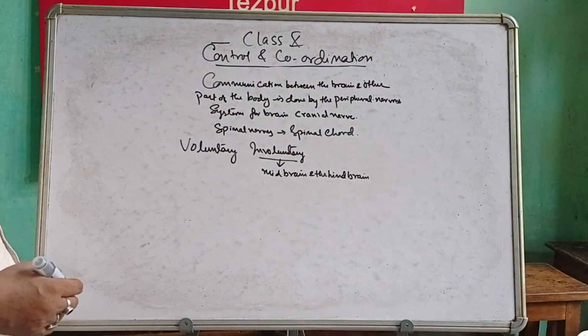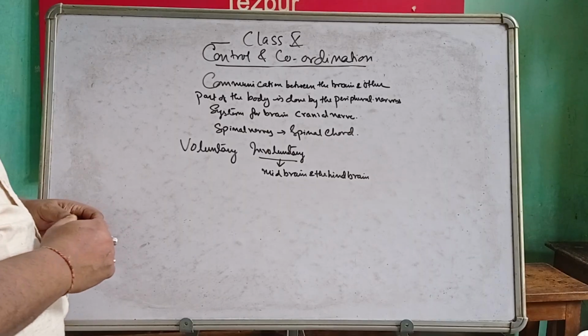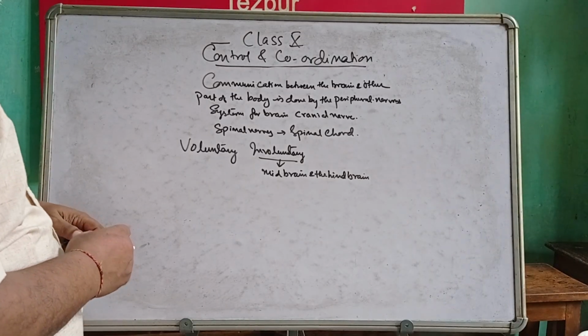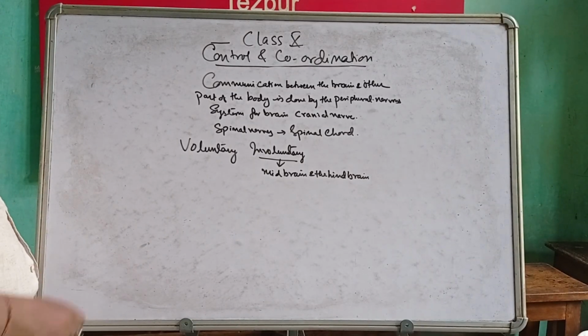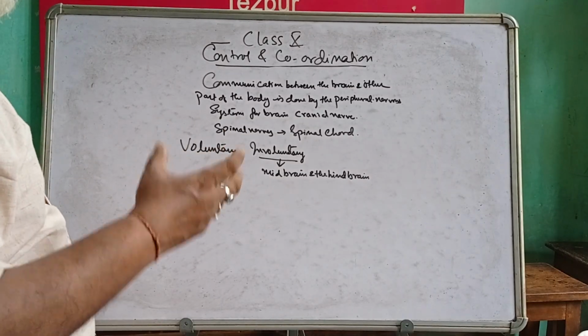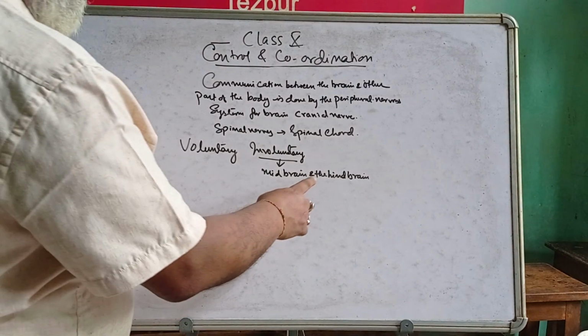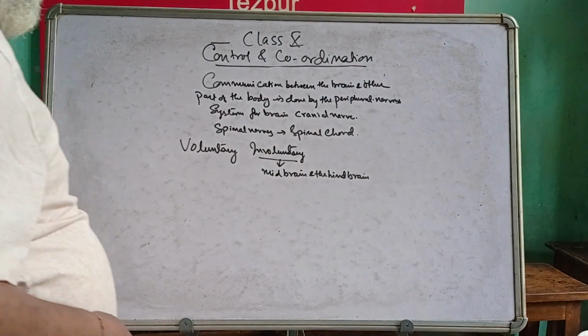That means involuntary movements, such as your salivation, your vomiting, your heartbeats, are all involuntary activities, controlled by the midbrain and the hindbrain.